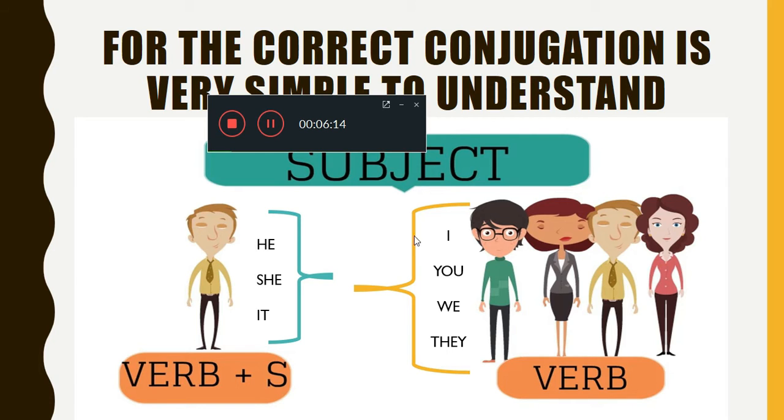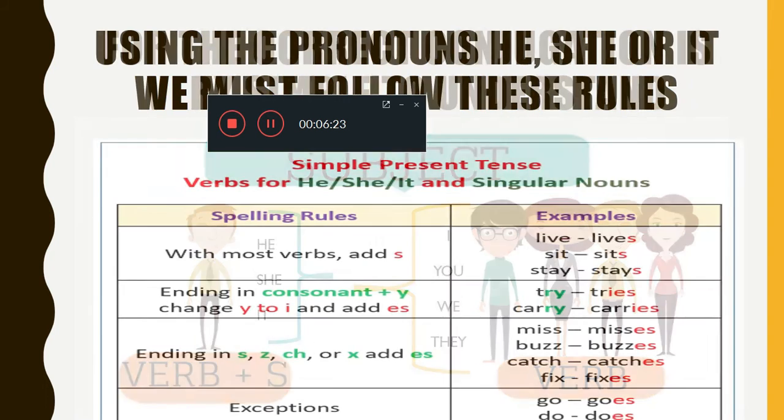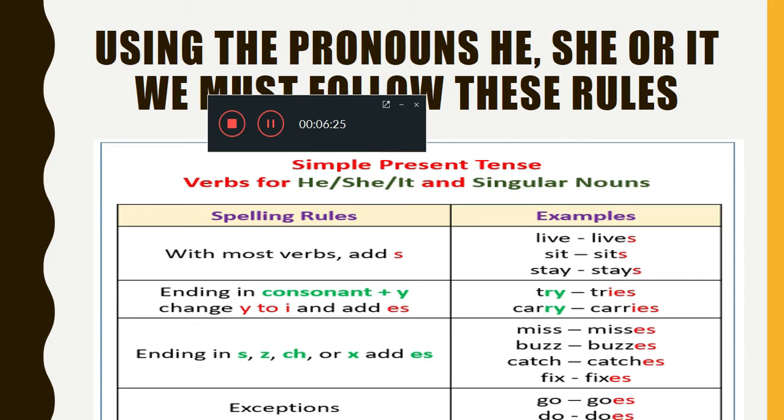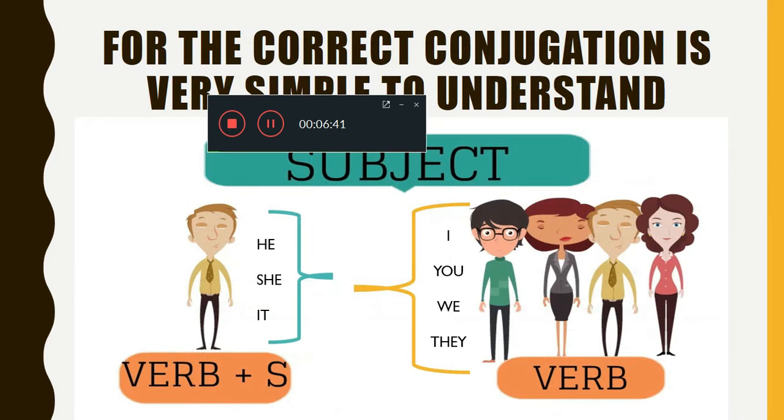With the other ones, we are going to use the base form of the verb. And here we have the simple present tense rules that you must follow to conjugate in the correct form the third person singular, that is he, she, and it, to write the verbs correctly.